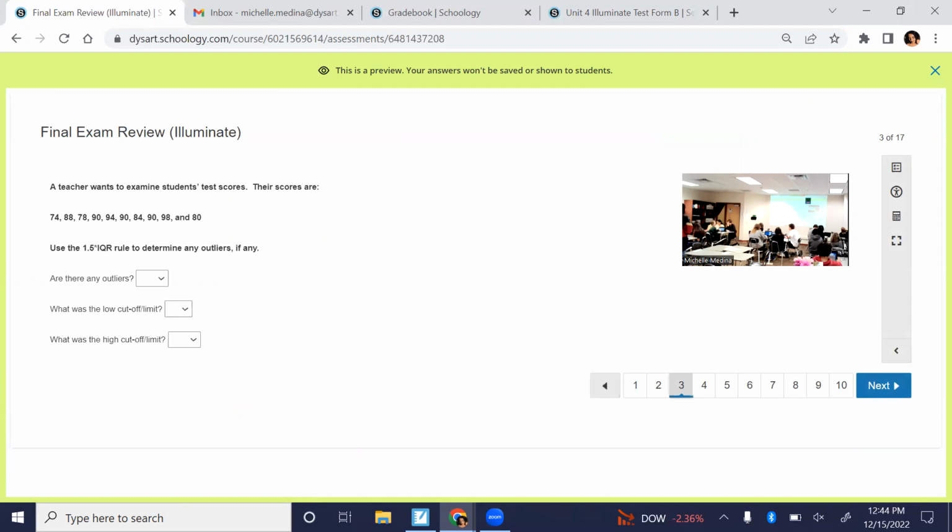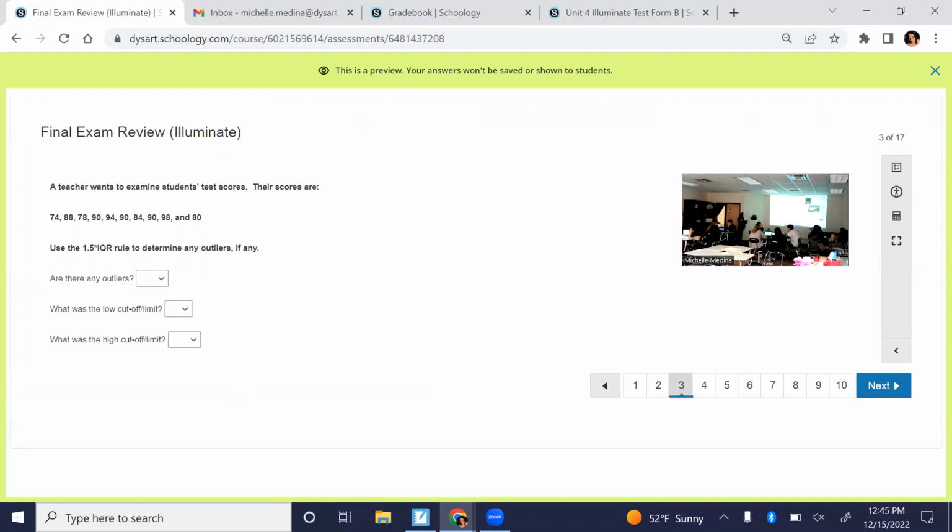Okay, so a teacher wants to examine students' test scores. Their scores are 64, 88, 78, 90, 94, 90, 84, 90, 98, and 80. Use the 1.5 times IQR rule to determine any outliers, if any.